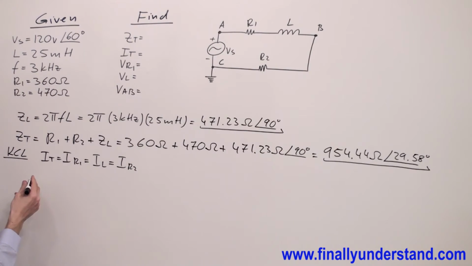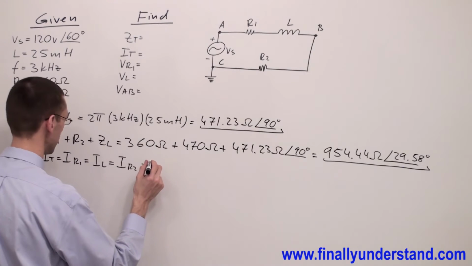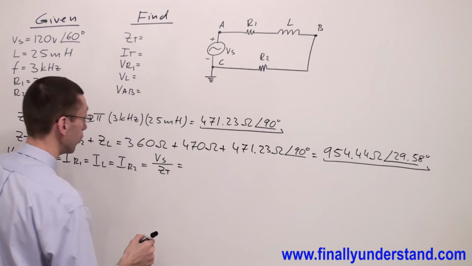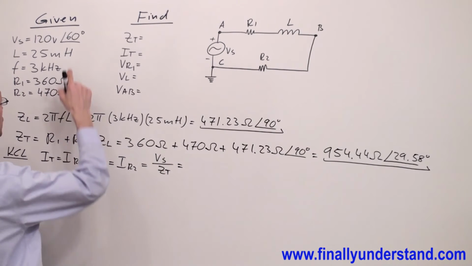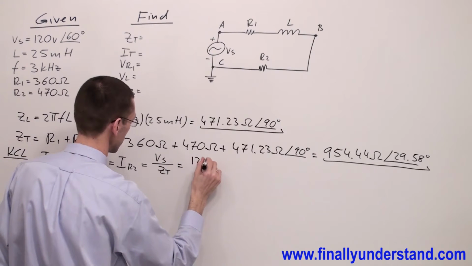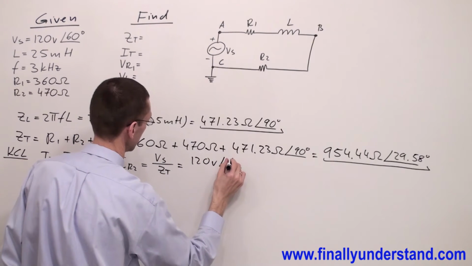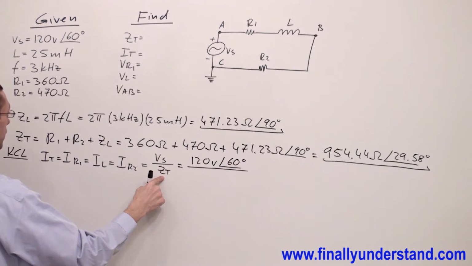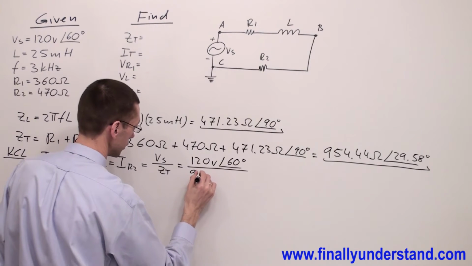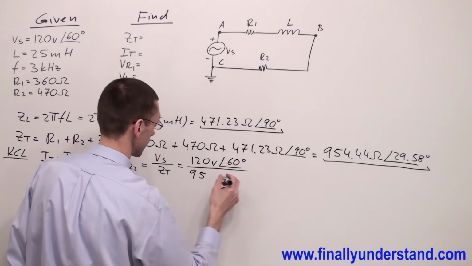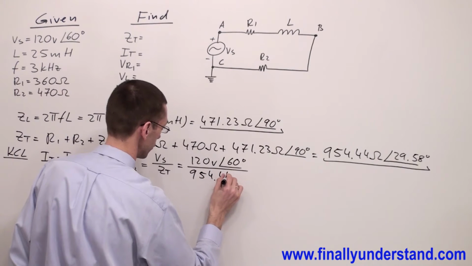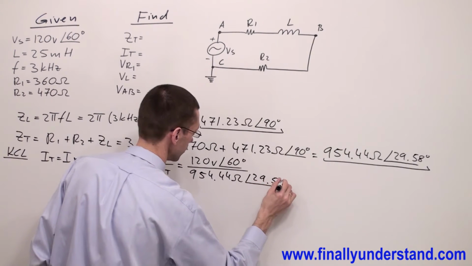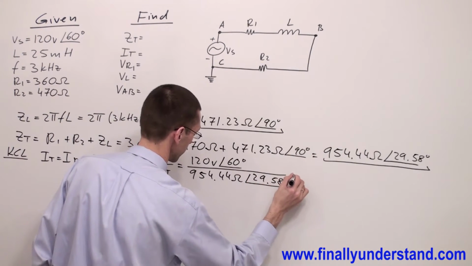In order to find the current, I'm supposed to simply divide the voltage source by Z total, where the voltage source is 120 volts and angle of 60 degrees divided by Z total, which is 954.44 ohms, an angle of 29.58 degrees.